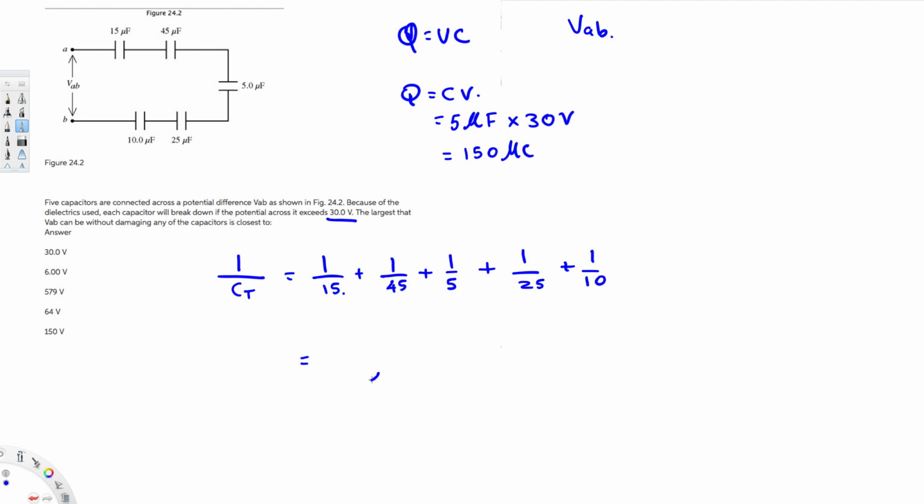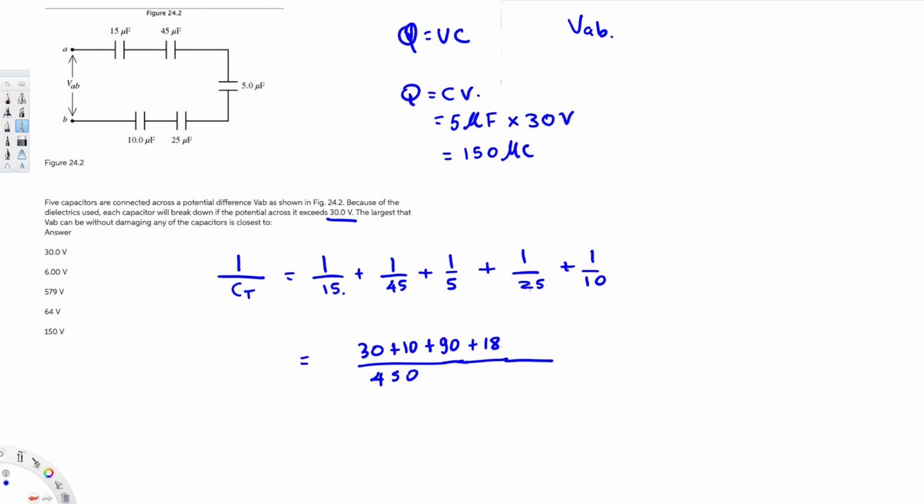So let's take 450 as a common denominator. 450 divided by 15 is 30, so that's 30, plus 10, plus 5 times 90 is 450, plus 18, 18 times 25 is 450, and 45 for the 10.